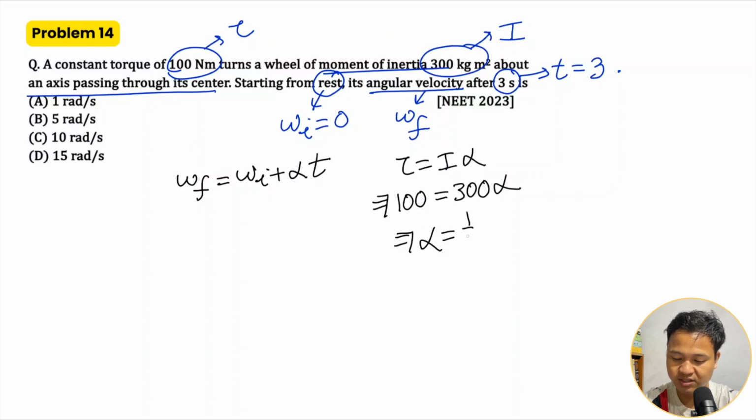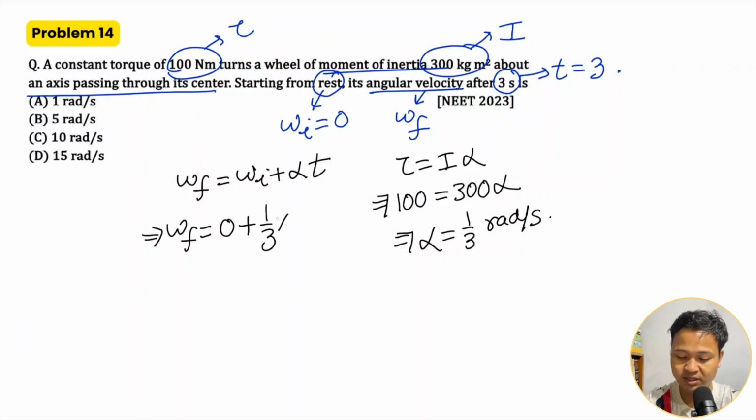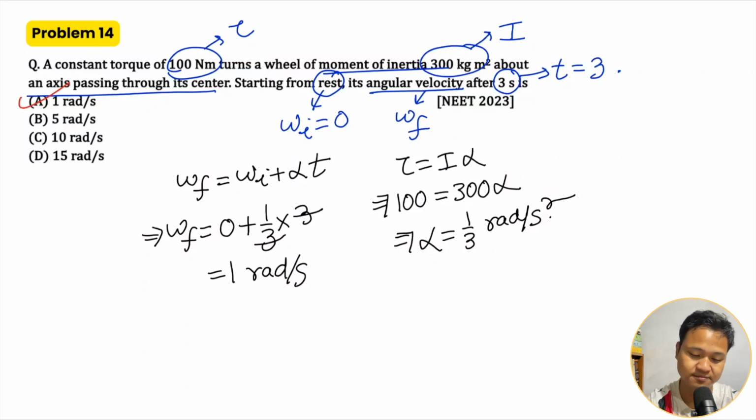So alpha is 1 by 3 radian per second square. Omega final equals 0 plus 1 by 3 into 3. The 3 gets cancelled out, so I have 1 radian per second. So it's option number 1.